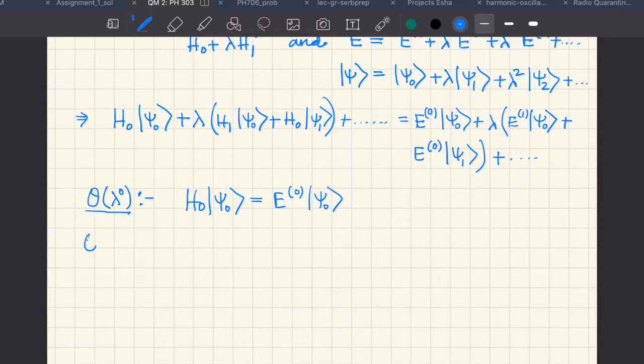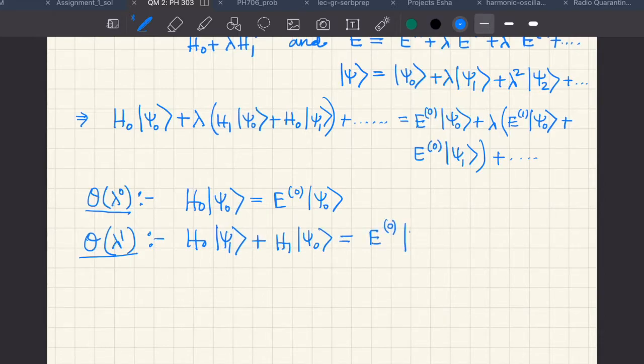Then if you collect the coefficients of terms up to order lambda to the power 1, there you get H naught psi 1 plus H1 psi 0 is equal to E0 psi 1 plus E1 psi 0. Now let us number this equation as 3.